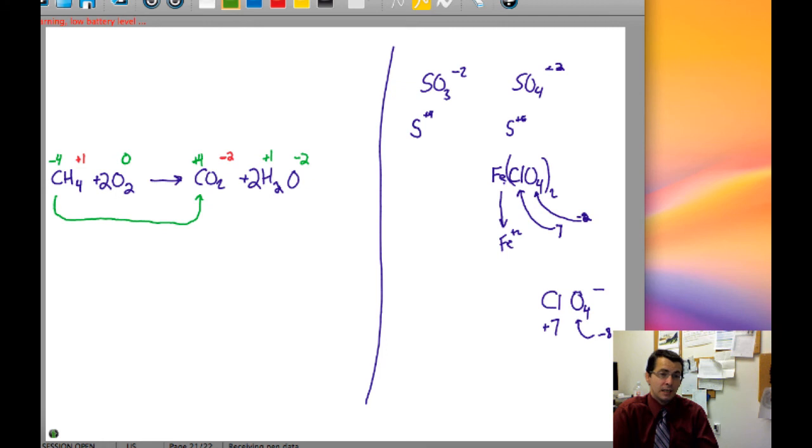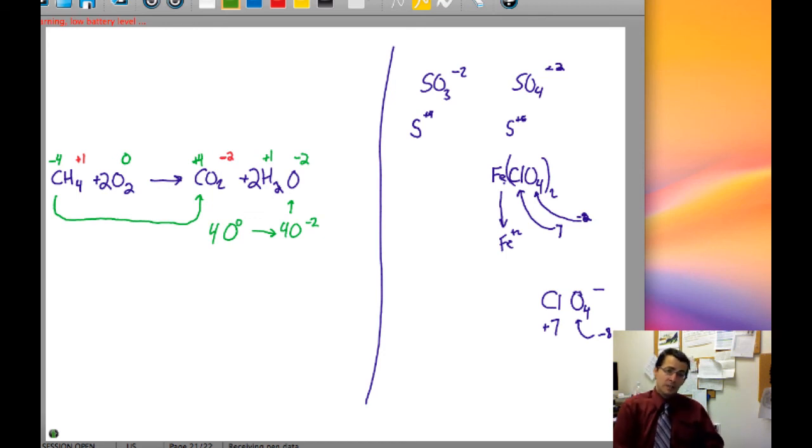Now, where'd those 8 electrons go? Well, it turns out that if you look at these oxygens, there's now 4 oxygens, each with a -2 oxidation number. They went from an oxidation number of 0 up to an oxidation number of -2. That would represent an 8 electron exchange. So that's a hallmark of a redox reaction.